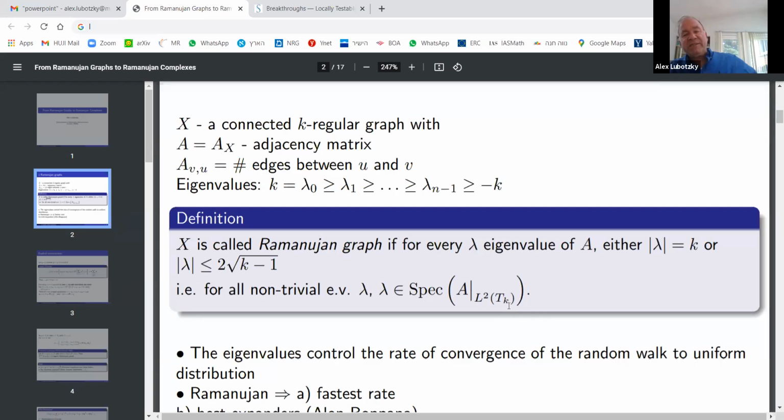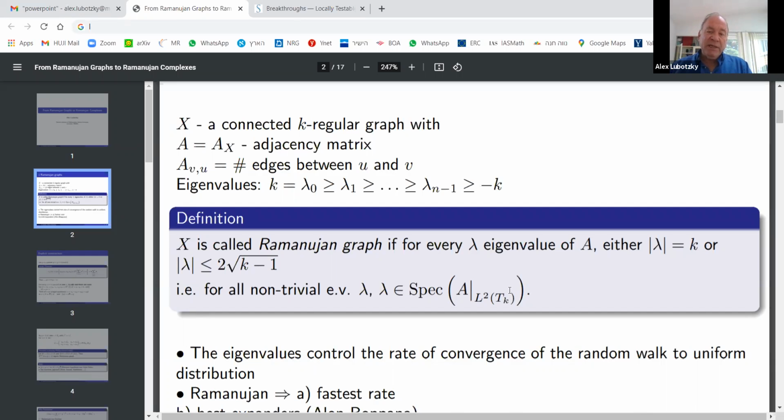So basically we are saying the following. If you take the infinite k-regular tree, then the constant function 1 is not anymore an eigenfunction. Well, it's an eigenfunction, but it's not in L2. If we stick to L2, then we get only the eigenvalues with absolute value at most 2 square root of k minus 1.